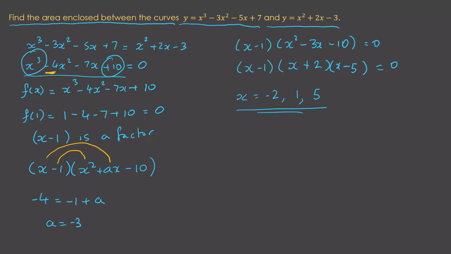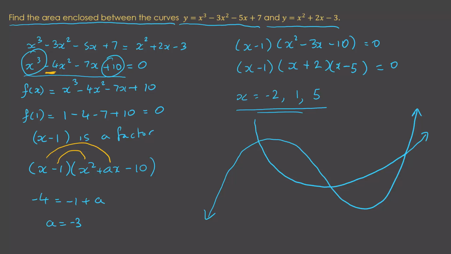So as a very rough sketch, our cubic probably looks something like this. Our quadratic probably looks something like that. And so we have two trapped areas, this one here and this one here.